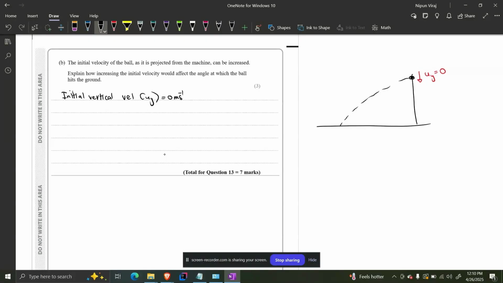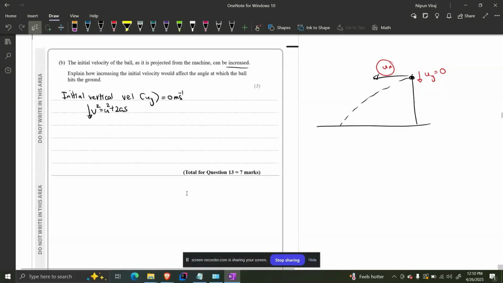Even if we increase the initial velocity, it is increased in this direction, because we are projecting the ball horizontally, so only ux can be increased. Initial vertical velocity is 0. And also we know v squared equals u squared plus 2as downwards.